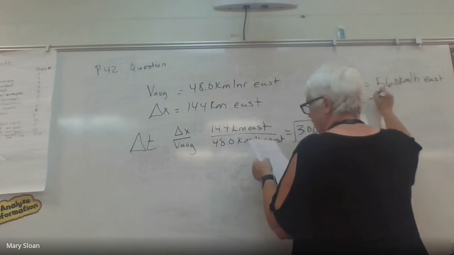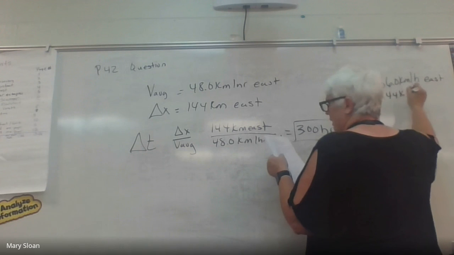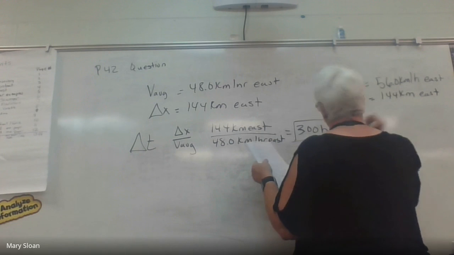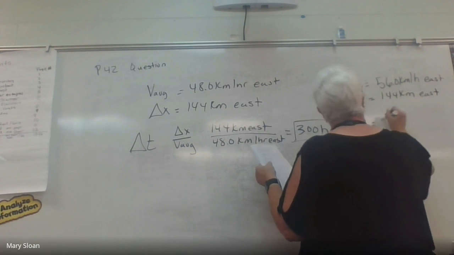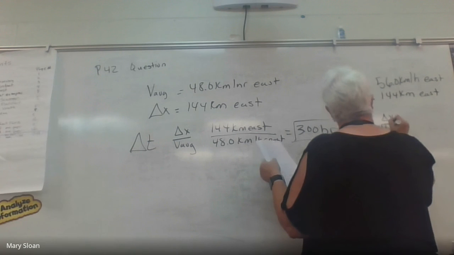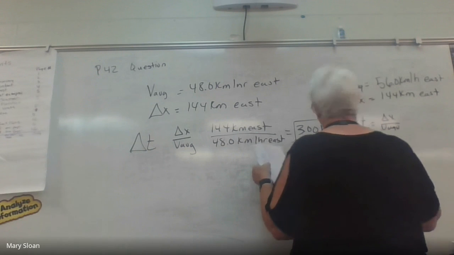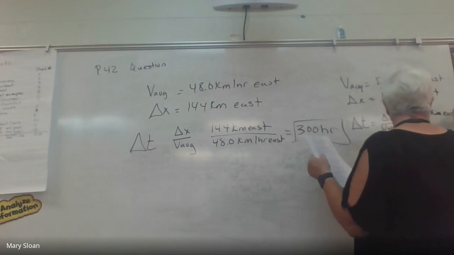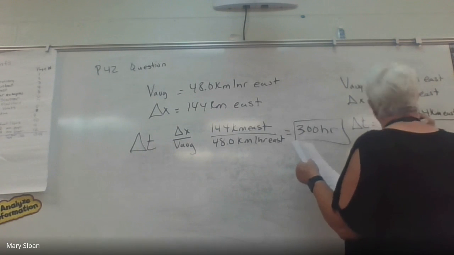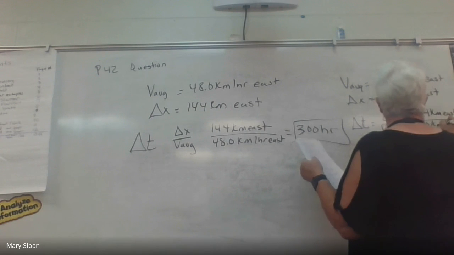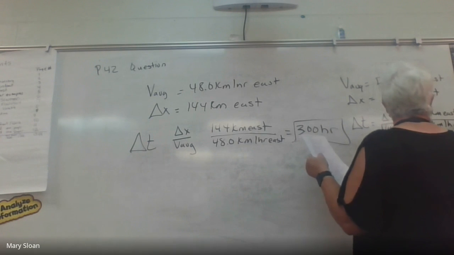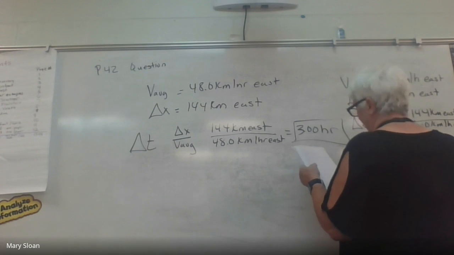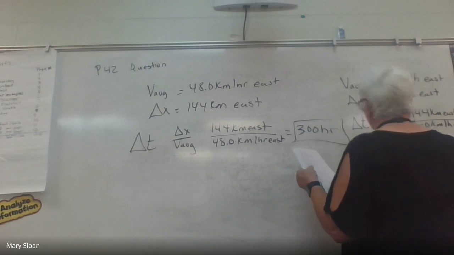His change in position is 144 kilometers east. And we're looking for change in time again, which is change in position over velocity average. So my numbers are 144 kilometers east over 56.0 kilometers per hour east. And so I would have 2.57 as my answer.